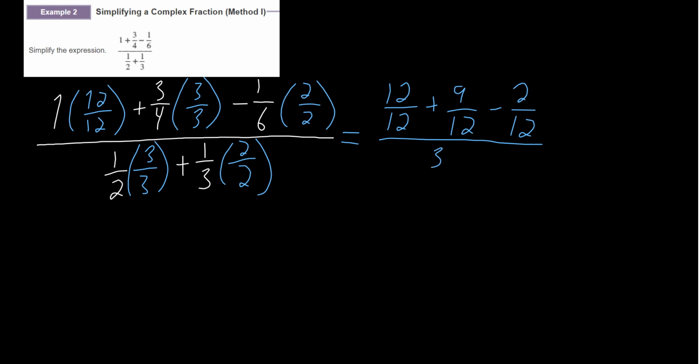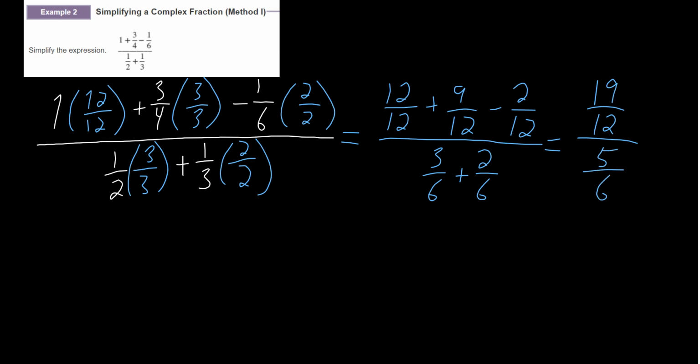And again, the whole point of this was to get the common denominator in my numerator and the common denominator in my denominator. So 12 plus 9 is 21. 21 minus 2 is 19. So my numerator is 19 over 12. My denominator would be 5 over 6.